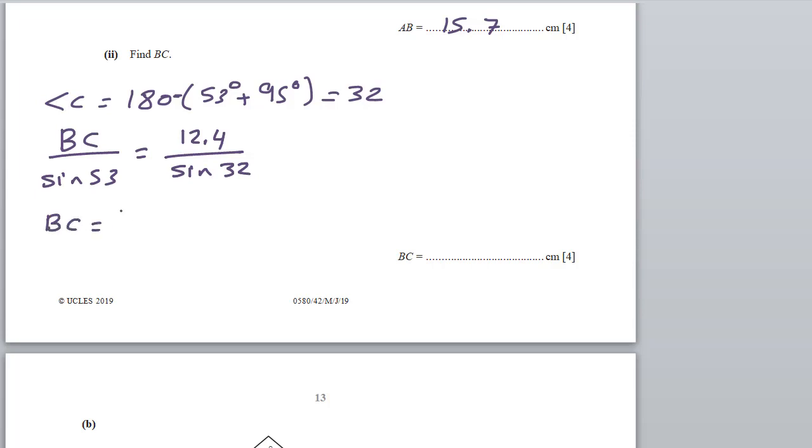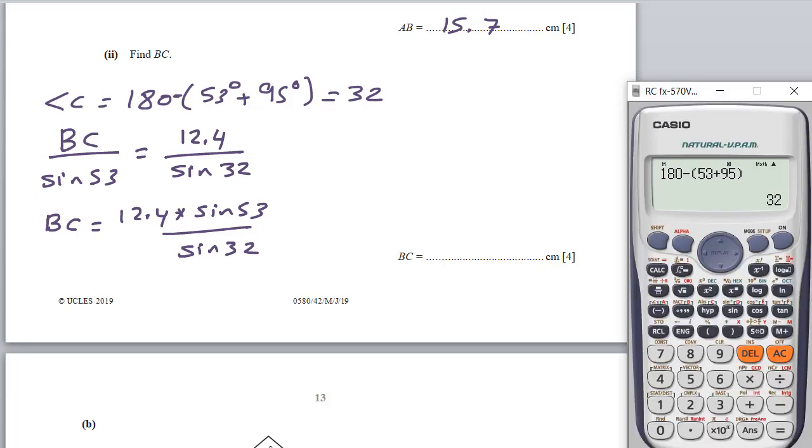So BC is equal to 12.4 multiplied by sine 53 divided by sine 32. So let us bring our calculator. 12.4 multiplied by sine 53 divided by sine 32. So 18.7. BC is 18.7.